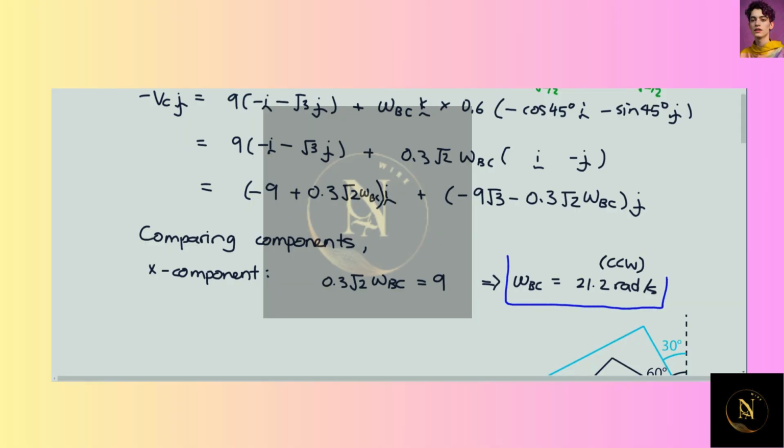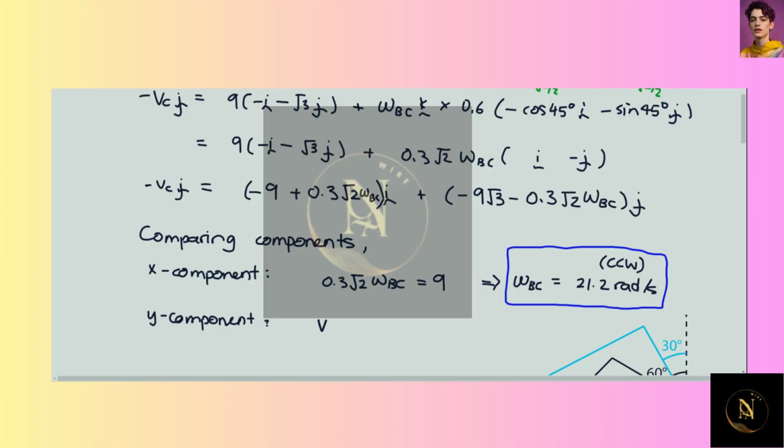Then for the y component, you have minus vC at the left hand side, and minus 9 root 3 minus 0.3 root 2 omega BC at the right hand side.